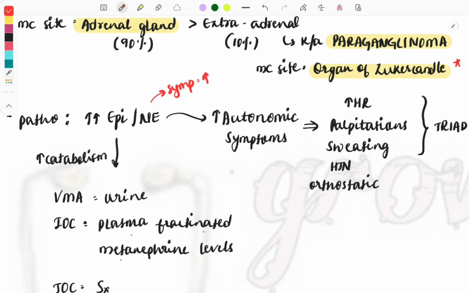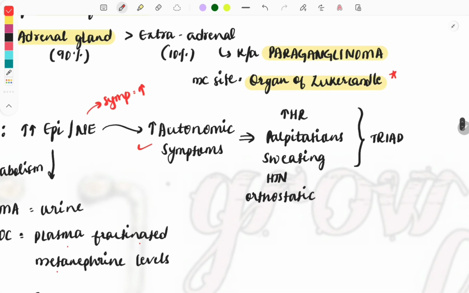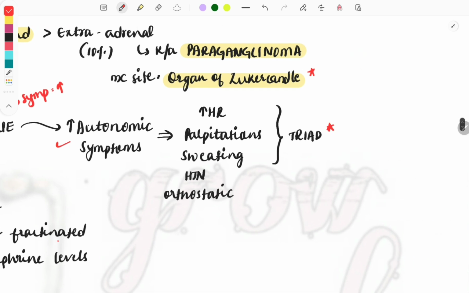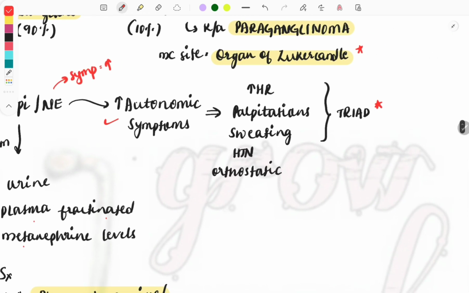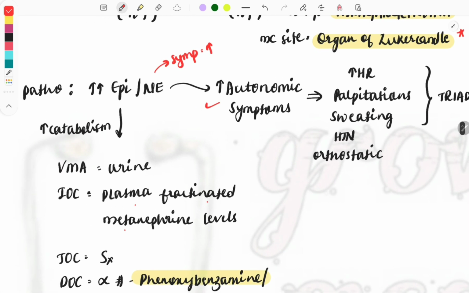So there will be an increase in the autonomic symptoms like increased heart rate, palpitation, sweating, and this is the triad. So an important thing which you must know, this is the triad of the pheochromocytoma: heart rate, palpitation, and sweating. And you can also see hypertension and orthostatic hypotension in these patients.